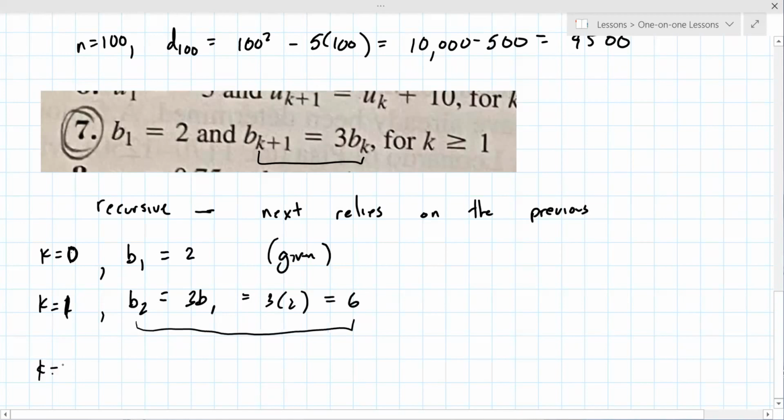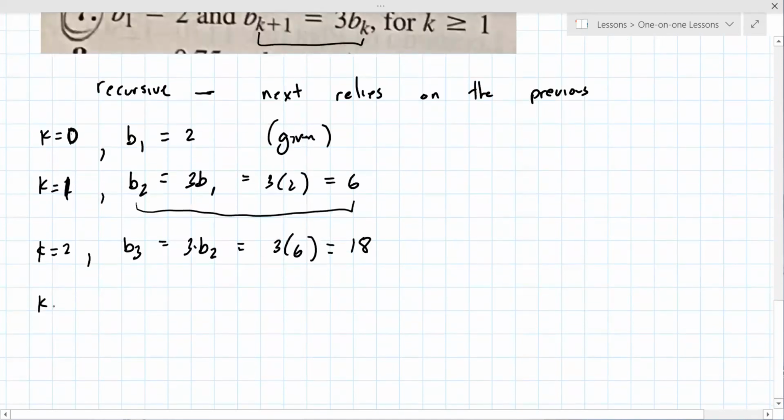So now when k equals 2, you're putting 2 into this formula. You get b sub 3 equals 3 times b sub 2, which is 3 times 6, which is 18. Now, if k is equal to 3, you're putting 3 into this formula up here. It's b sub 4 equals 3 times b sub 3.